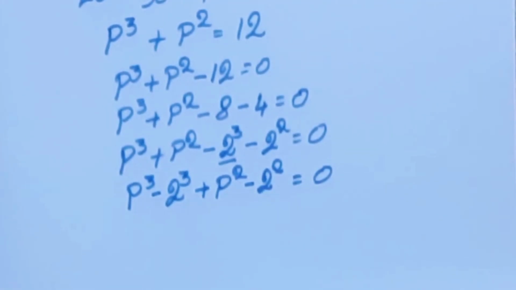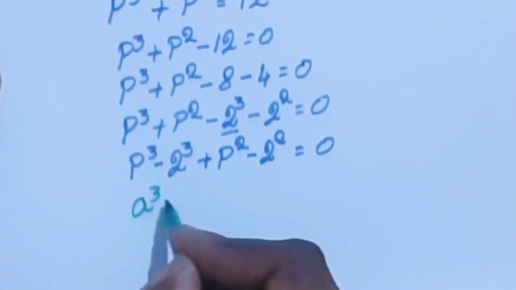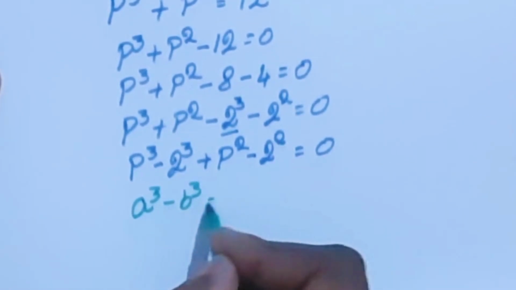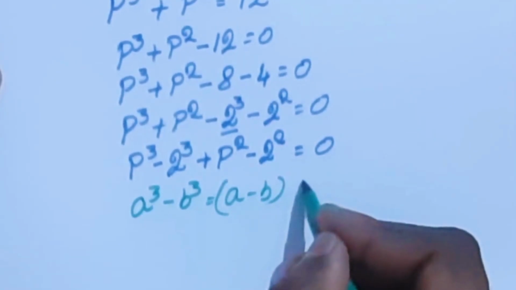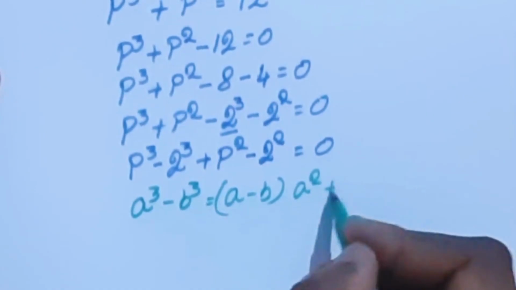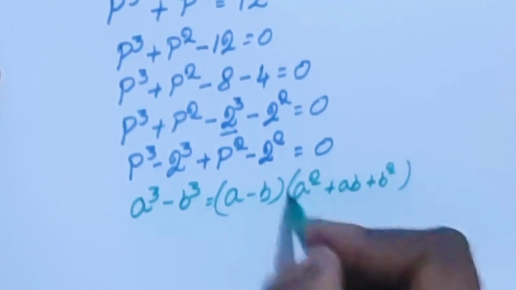Now here we are going to apply this algebra formula, that is a power 3 minus b power 3 equal to a minus b times a square plus ab plus b square.